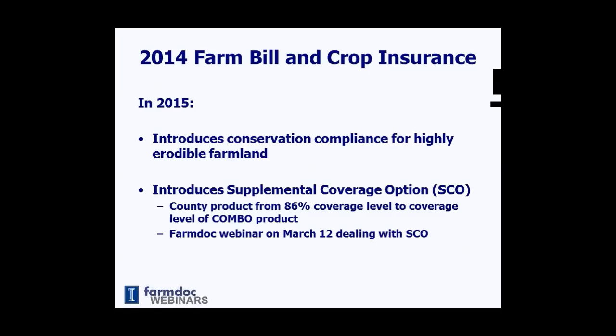What impacts that will have on crop insurance decisions will have to wait till next year. We will be analyzing that. There will be a FarmDoc webinar on March 12th dealing specifically with SCO, but again, the SCO will not be an impact for the 2014 cropping year.